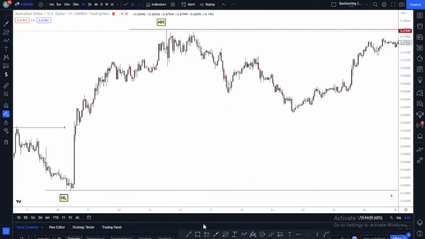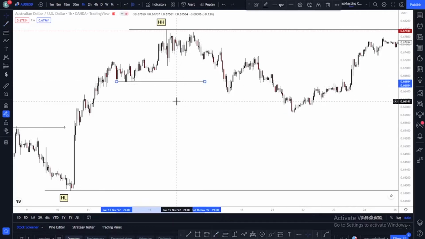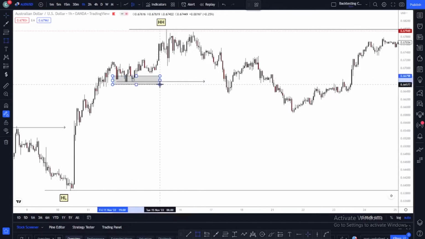So this right here would be our H1 higher low. Do you get me? This structure right here will be our H1 higher low.